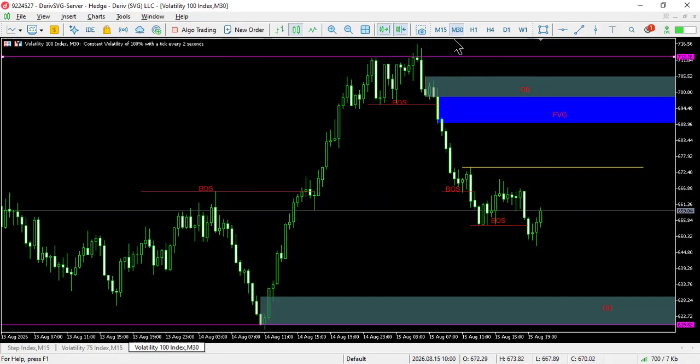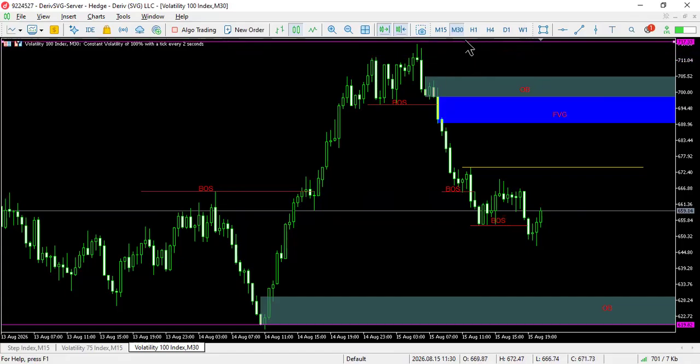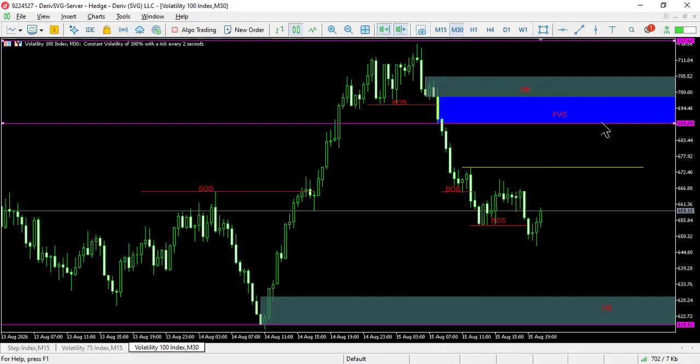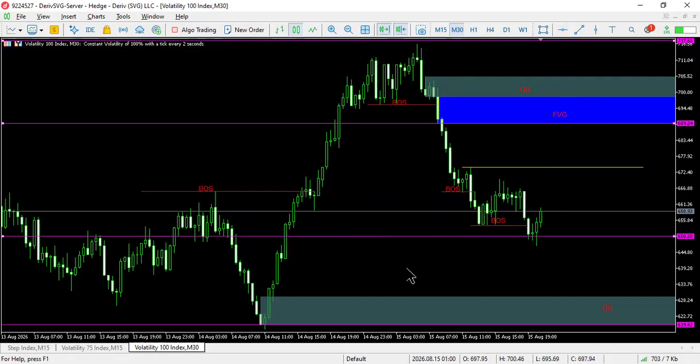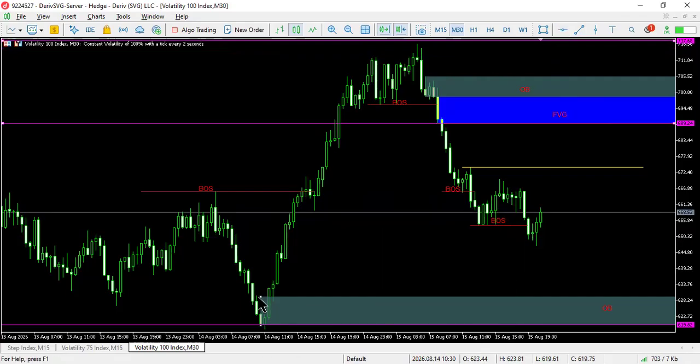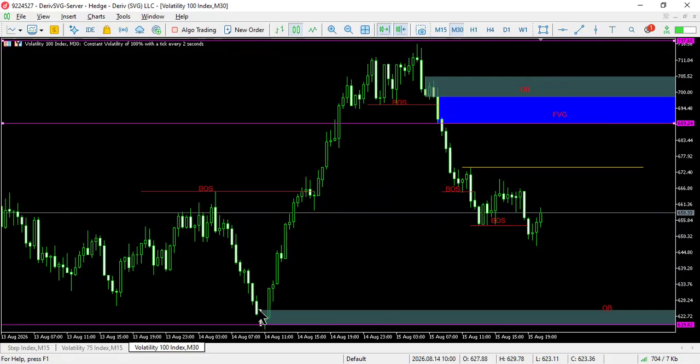Now the coordinates for the sell limit on volatility 100. There is already a support.